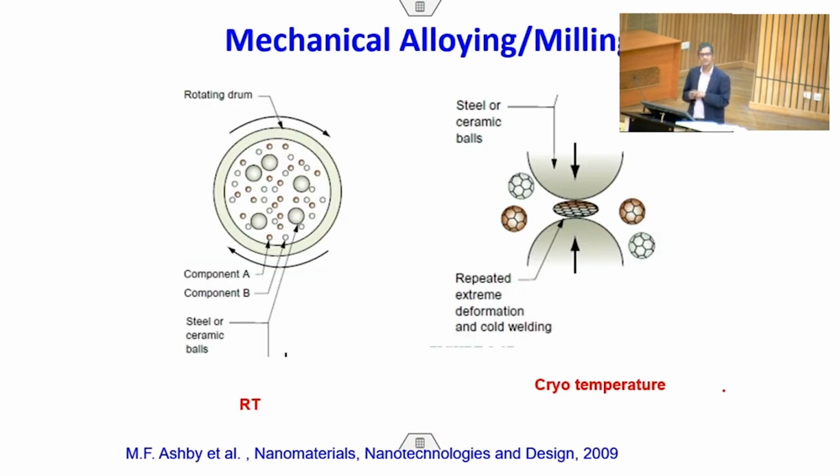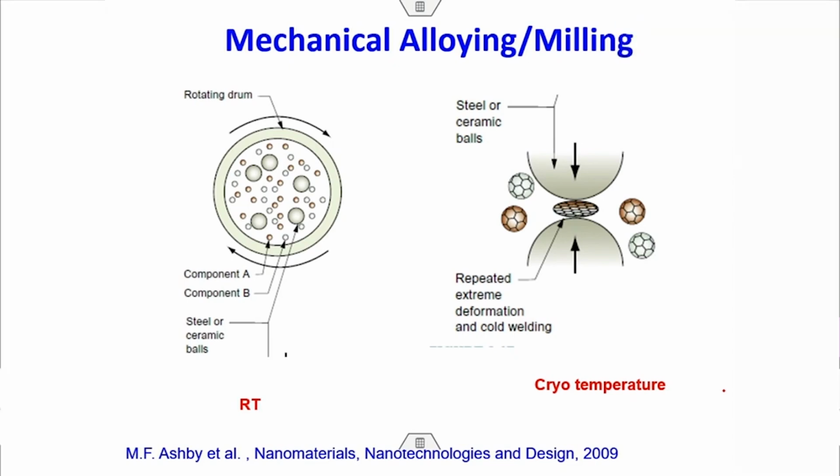And then we discussed some of the techniques of mechanical alloying, both at room temperature and at cryo temperatures. In mechanical alloying, you charge the powder mixture inside a rotating drum with some balls, and because of the action of the balls on the powder mixture, you can create nanostructured materials very easily, right.